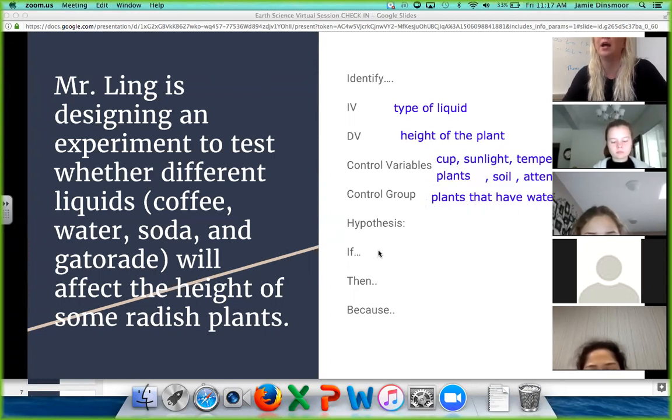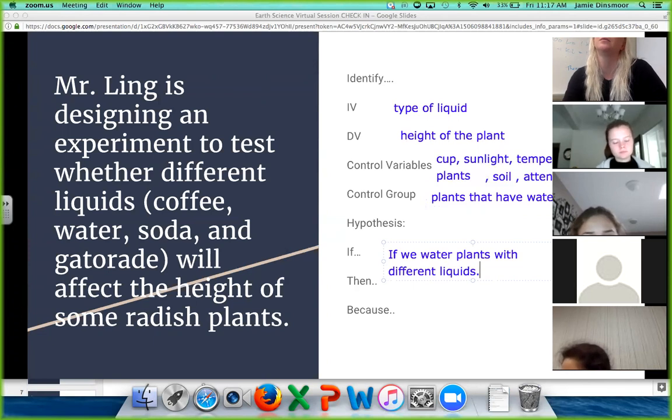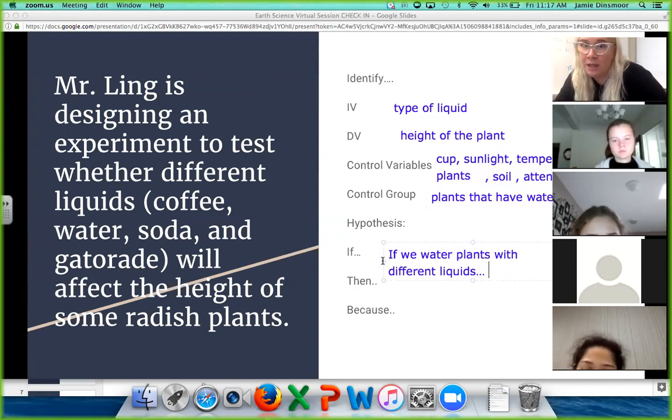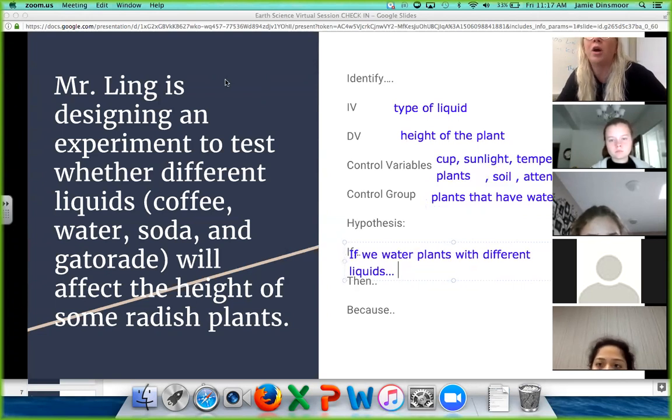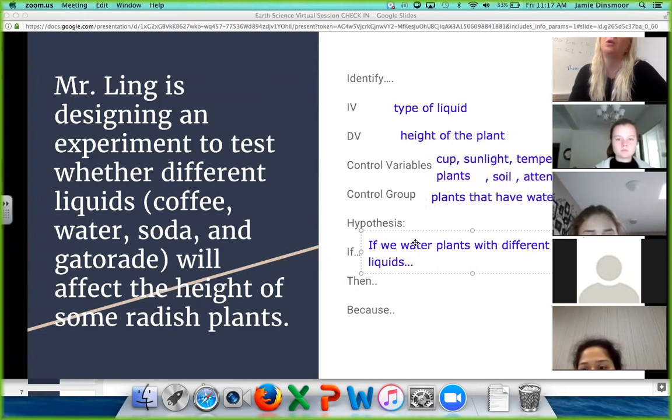So you might say, if we water plants with different liquids, the next part of the hypothesis is going to be what you think, which is the part I would like for you guys to do, and your reasoning. So if we water plants with different liquids, we'll all assume we have the same if. You're going to say, then I think whatever you think, because whatever you think the reasoning is.